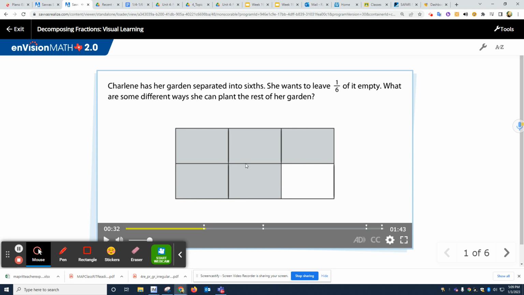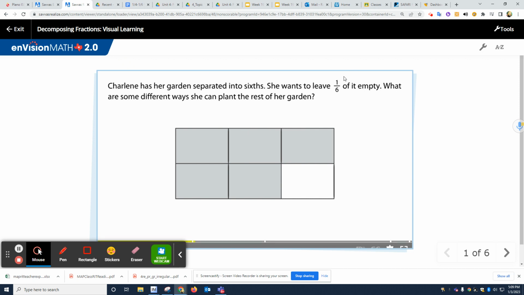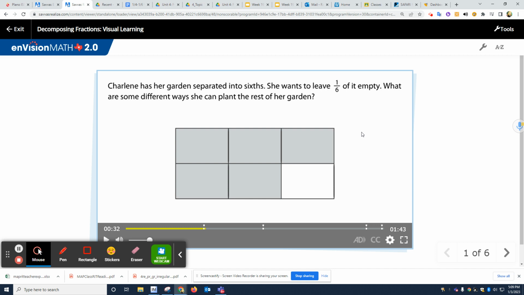And so when we go back to our notebook, we'll experiment with that, breaking down 5/6 into different sums that add up to 5/6.